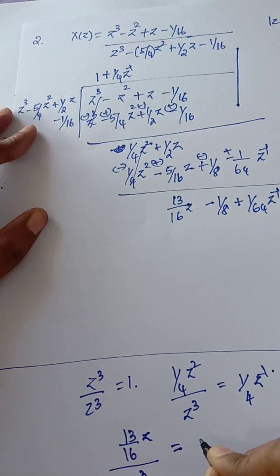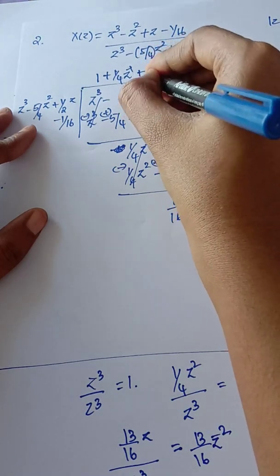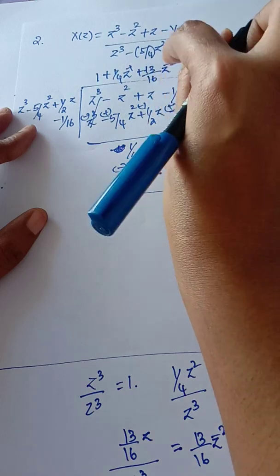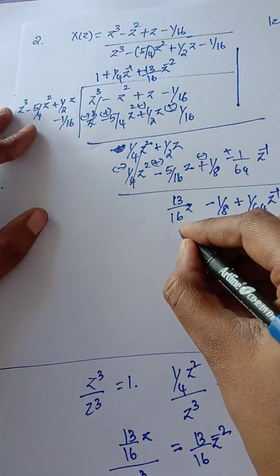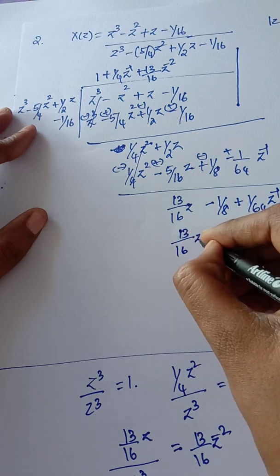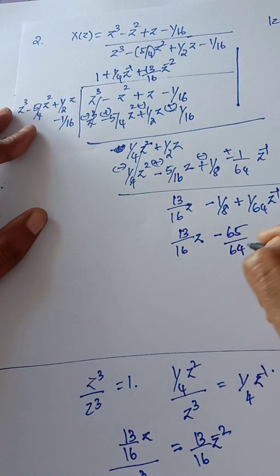Which is nothing but 13 by 16 z power minus 2. So I am writing here 13 by 16 z power minus 2, then multiplying with the term. What I will get is 13 by 16 z minus 65 by 64 plus 13 by 32 z inverse minus 13 by 256.